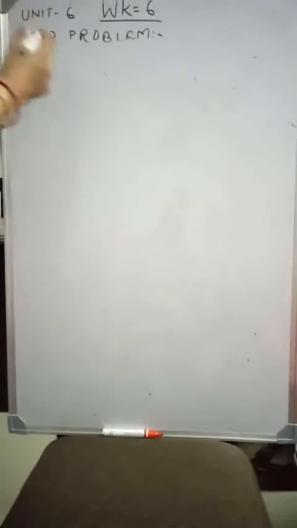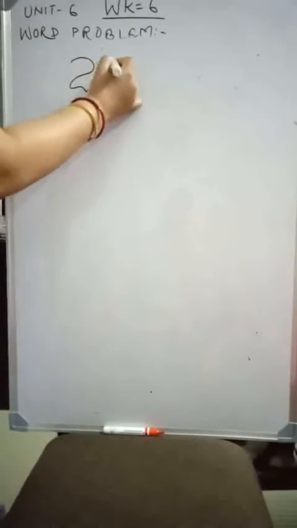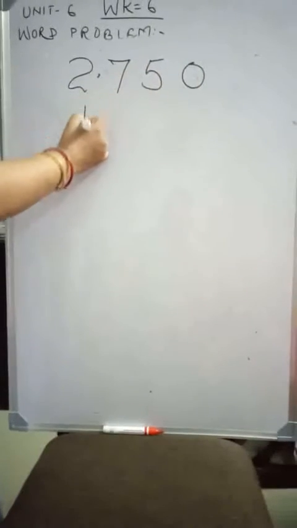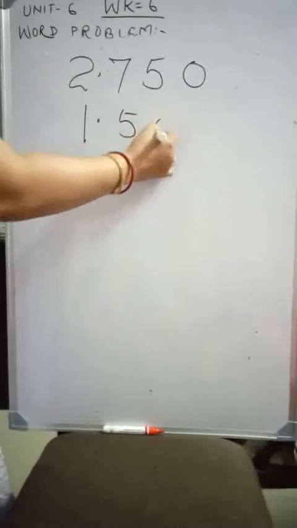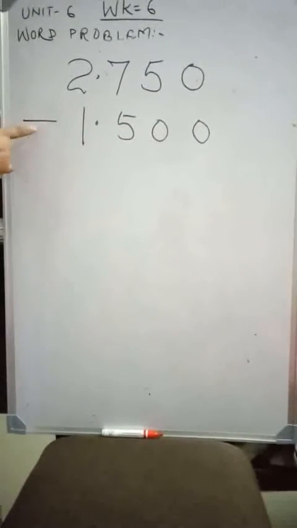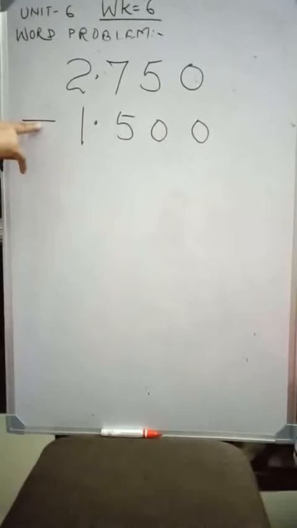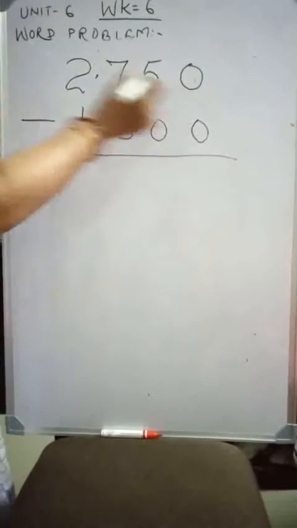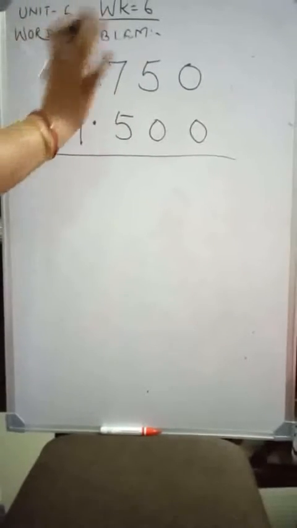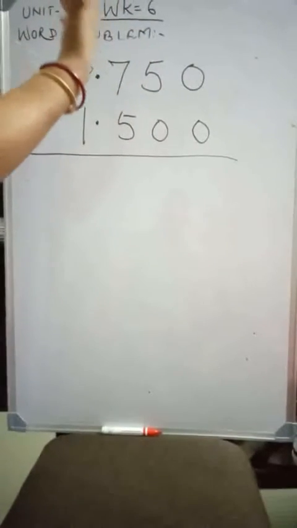The quantity of milk that she has with her is 2.750, and the quantity of milk used to prepare curd is 1.500. Then the quantity of milk left. So what we have to do? Subtraction. Now here forget the decimal. This is a decimal number, but forget about the decimal. Just think about this as a whole number.